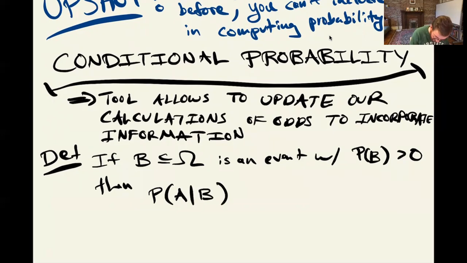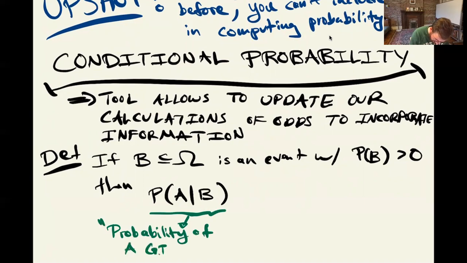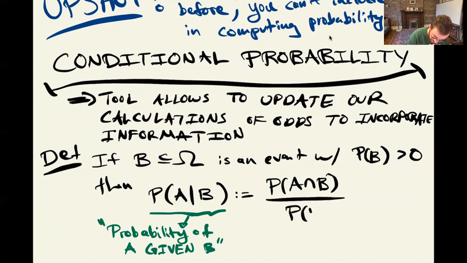This is the probability of A given B. So it's the probability that A occurs given the added information that B occurs, and it is defined to be equal to the probability of A and B occurring divided by the probability of B. So this is a general definition, but let's go ahead and specialize to the setting we just used it in.